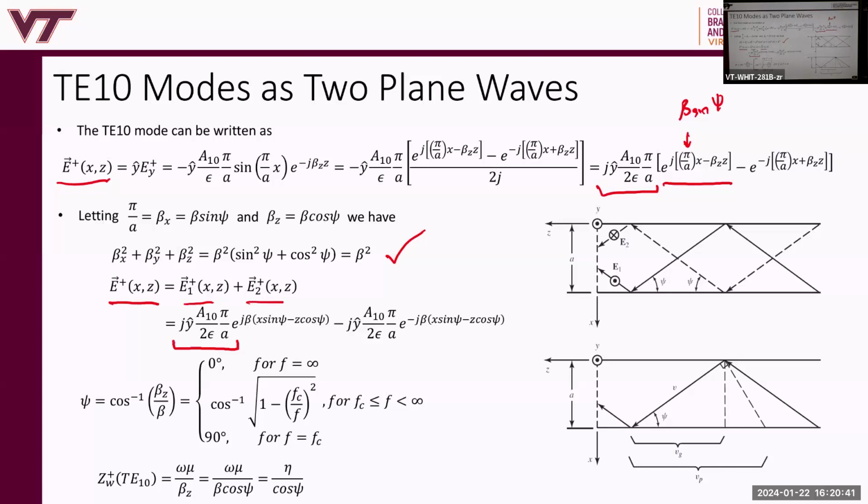And then we have beta_z, which we have set to beta cosine of psi. And we get e^(j beta (x sine psi minus z cosine psi)), right? Good. Then we have E2 here, which has the same coefficients, but we pick up a minus sign from there. So here's the minus sign, jy hat, same coefficients. And now we have e^(-j beta (x sine psi minus z cosine psi)).